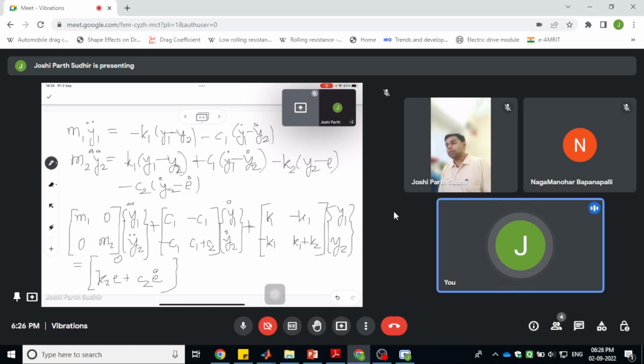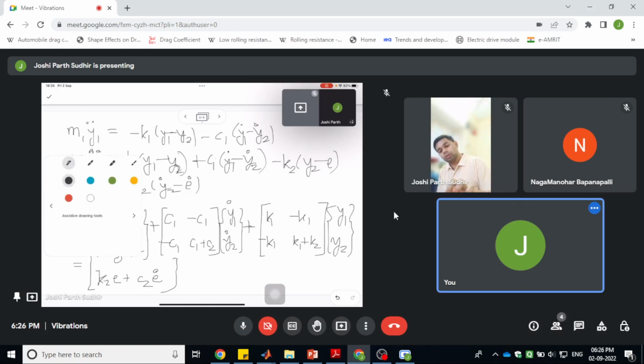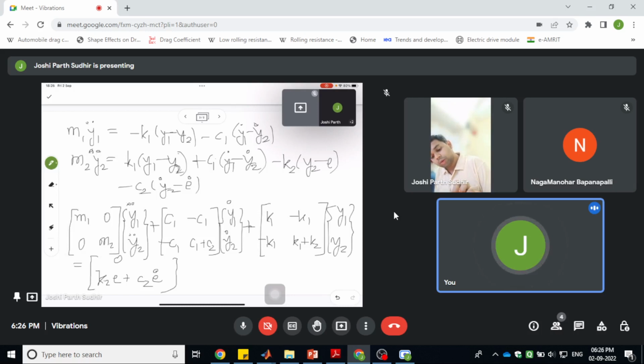So this is basically the equation of motion. This particular matrix is called the mass matrix. This is the damping matrix, and this is the stiffness characteristic of the system.